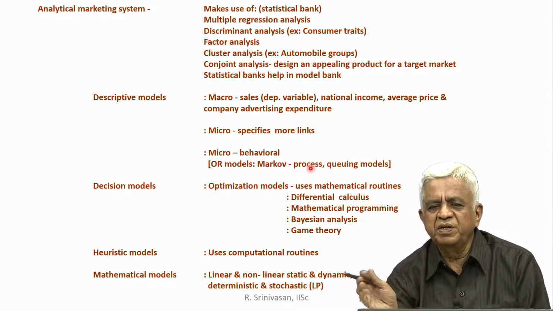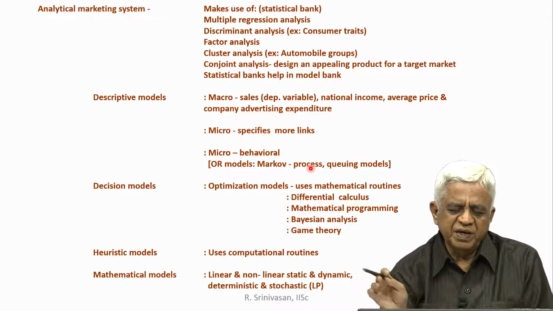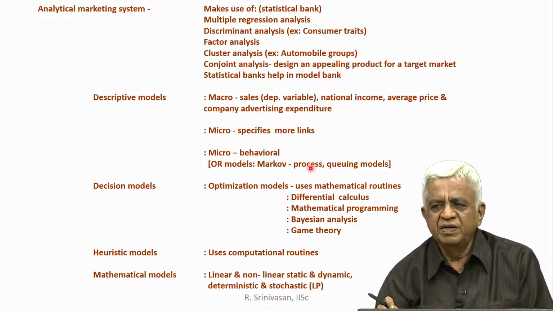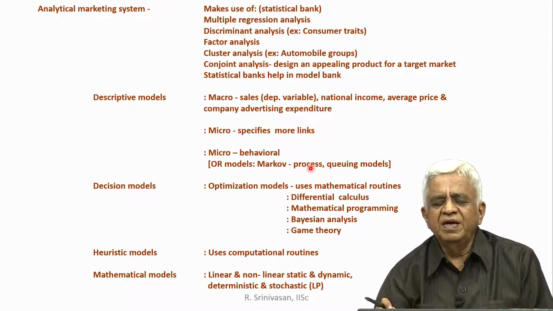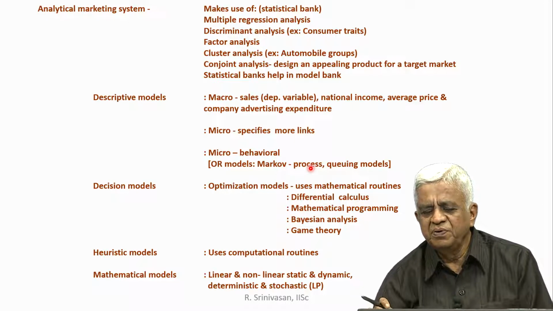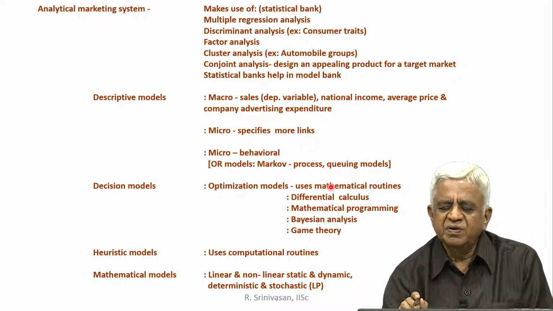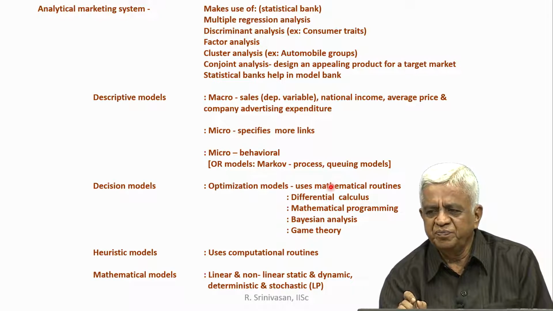Suppose there are so many servers giving the same type of service, then if you are in the queue, which server is likely to serve you comes in this whole model scenario.